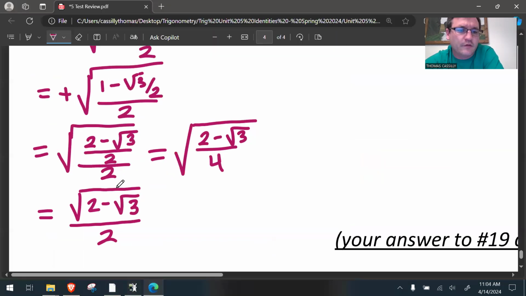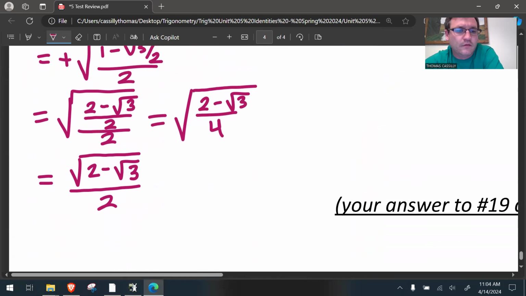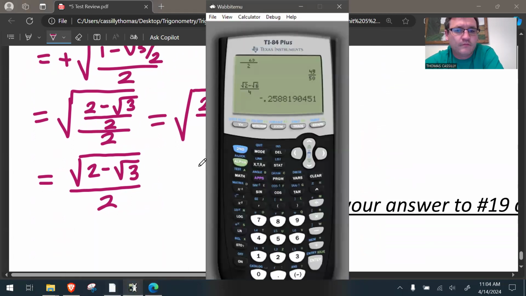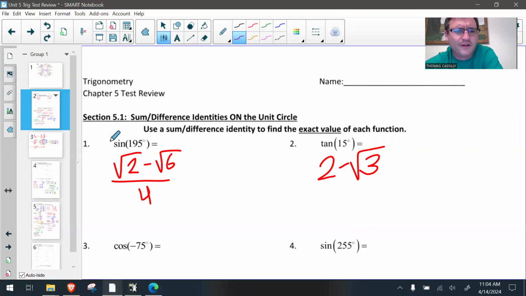So let's see what we got on this next one here. 2 minus, and then you get another square root of 3 on the inside here. And then divide that by 2. Hopefully this gives us the same decimal. All right, it does, but it's positive. And it should be positive because I think I made a mistake on question 1 now.